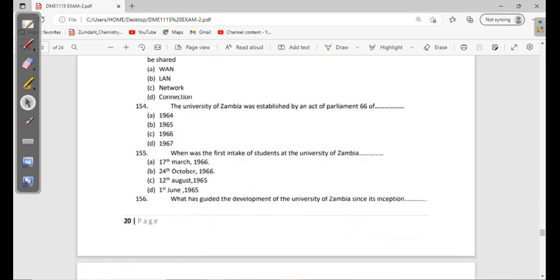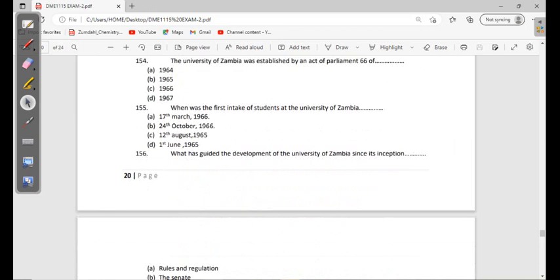154. The University of Zambia was established by an Act of Parliament number 66 of 1964, 1965, 1966, 1967. So it was by an Act of Parliament 66 of 1965. That is B. 155.